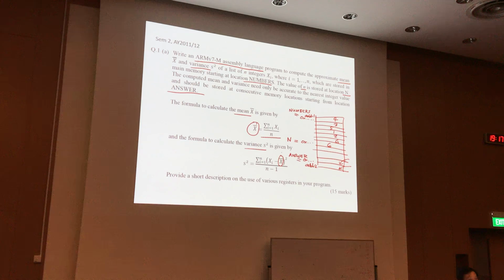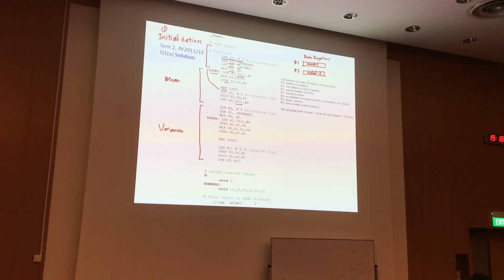So I need to run through the loop again. But since when you do post-index addressing, you actually modify the base register, right? So now your base register is no longer that first value. So I have to reset back the base register to the first value. So that's why I have to reset back the base register to the first value.